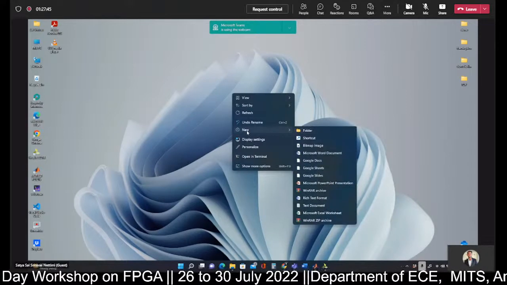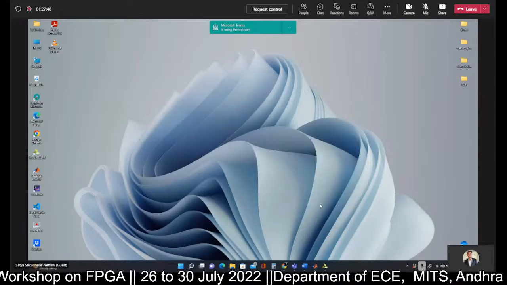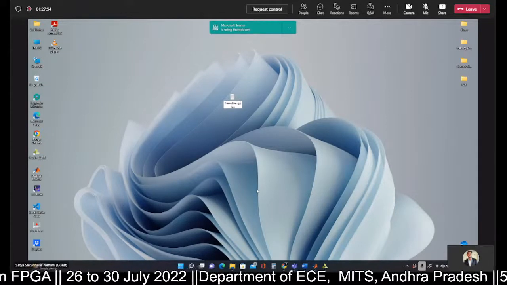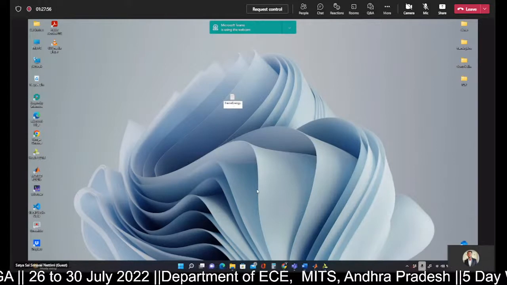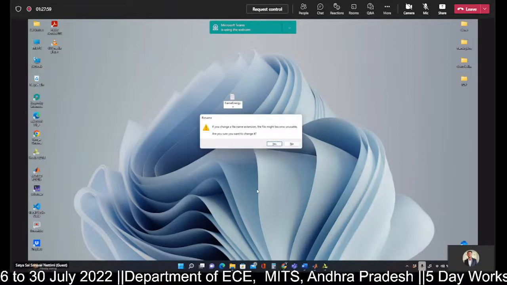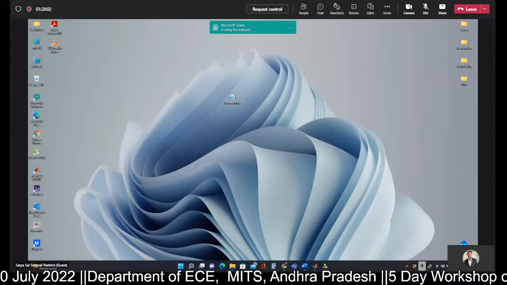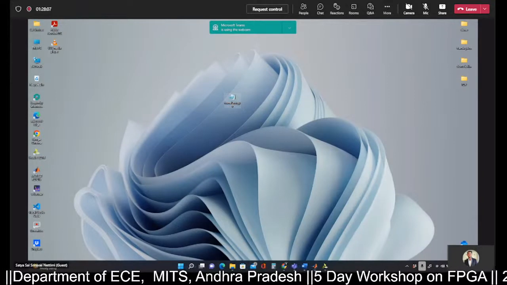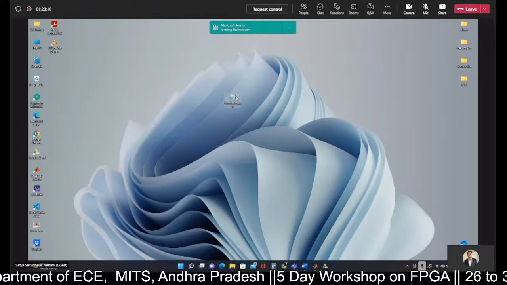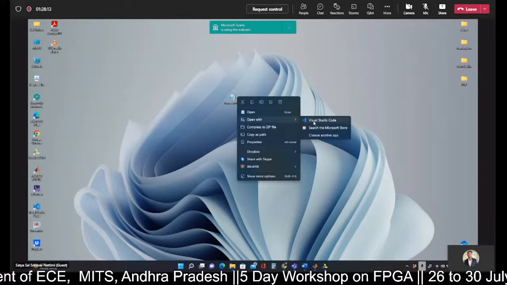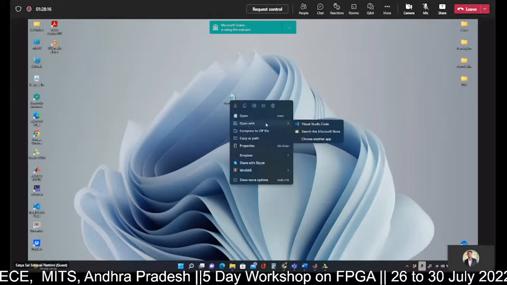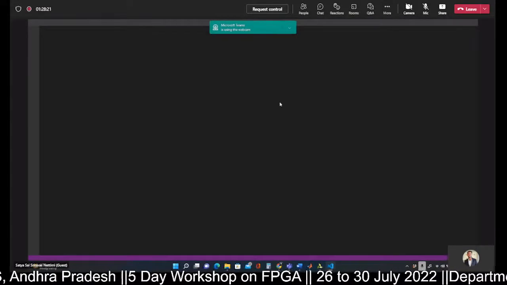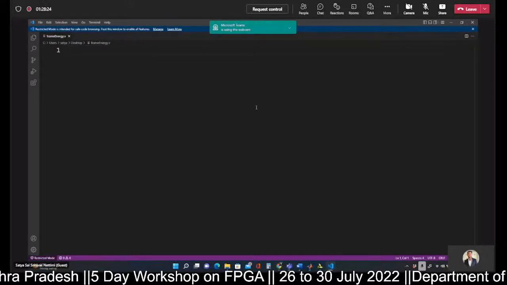I will do the coding once again for you, though I already have the existing code. Open a blank file; you can open it in Vivado. I have already created a project, but I will do the coding one more time for you.